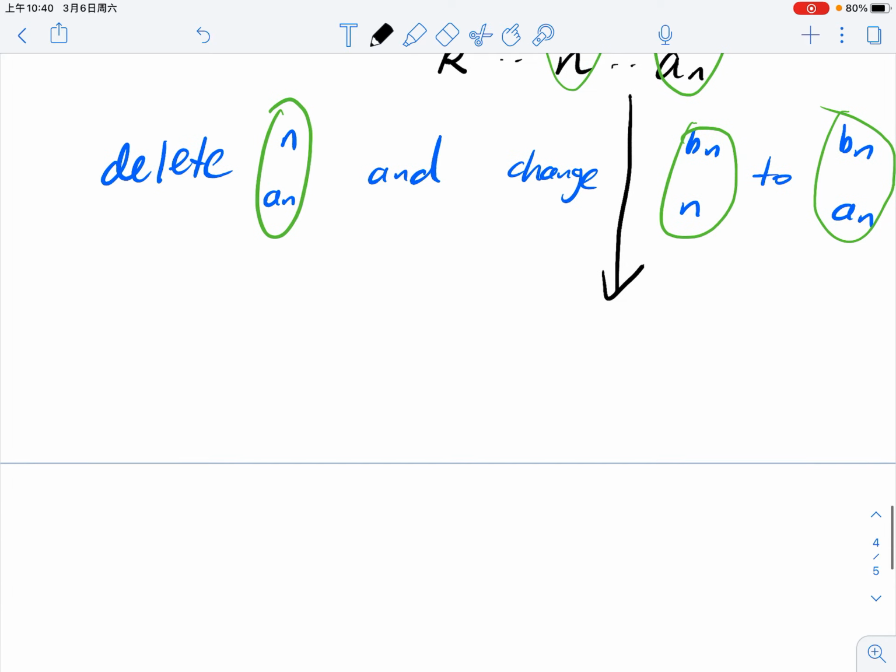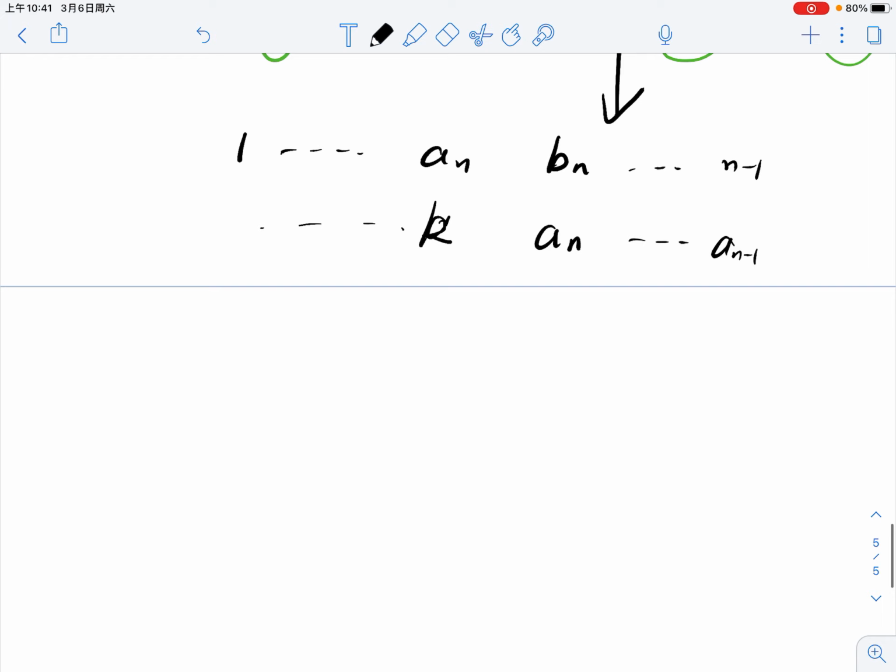Therefore, what you have is 1 and so on up to an, and here you have something k, and here you have bn, and then an minus 1. Okay, and it's easy to say this is a derangement of 1, 2, 3, 4 all the way to n minus 1.